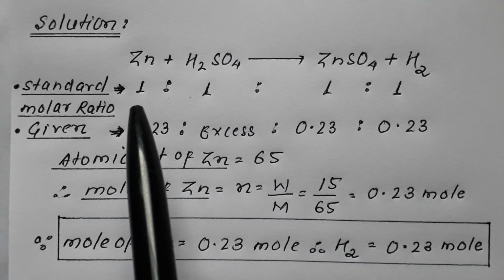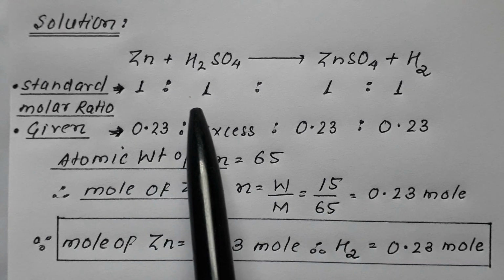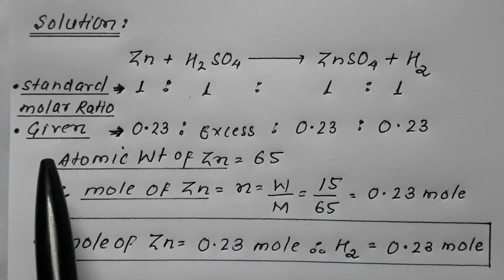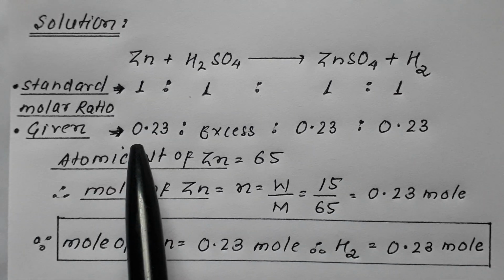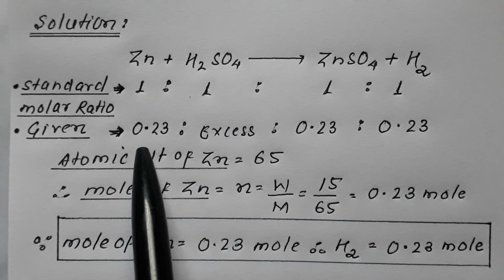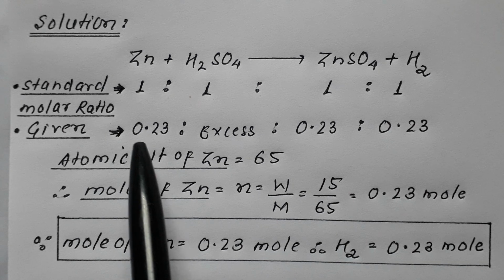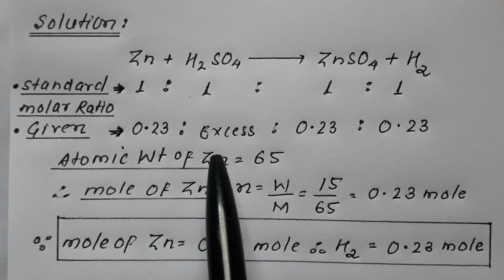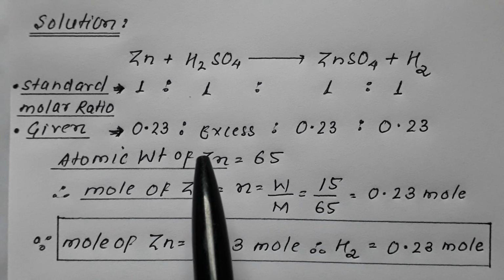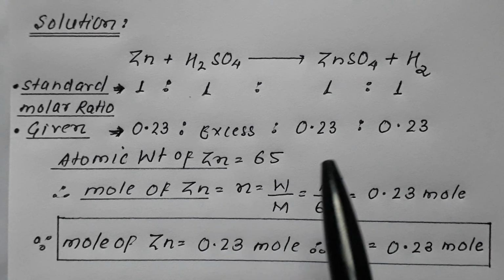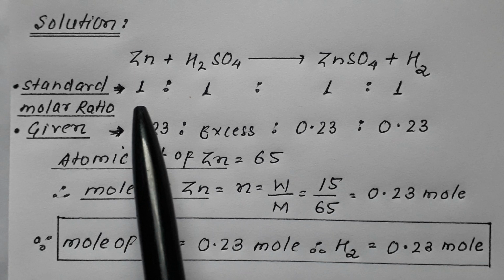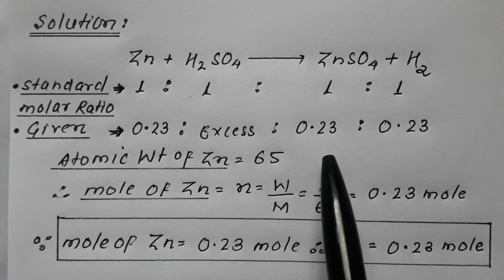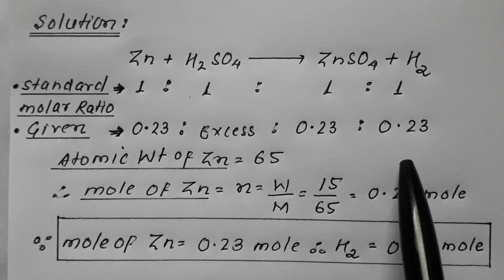So based on the ratio 1:1:1:1, on this basis we can say the given amount of zinc is 0.23 mole. 15 grams means 0.23 mole of zinc is reacting with how much H2SO4? It has been given in excess. How much zinc sulfate would be formed? Whatever is the value of zinc, the same is the value of zinc sulfate, that is 0.23. How much hydrogen would be released? Same.